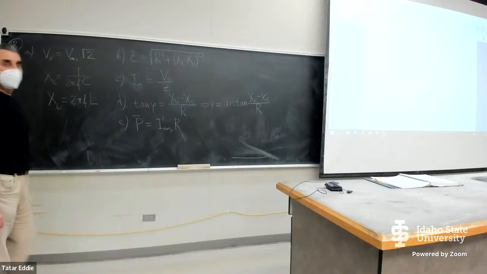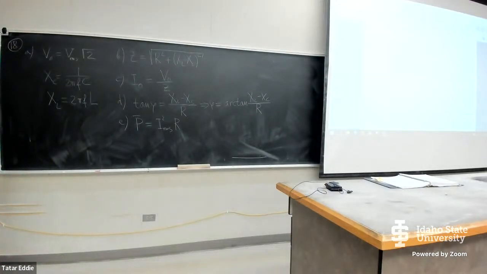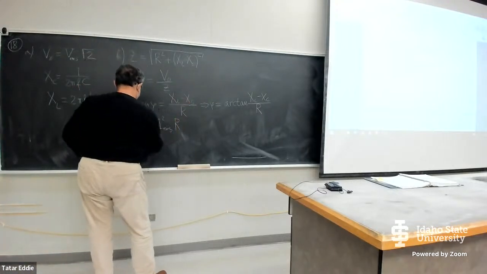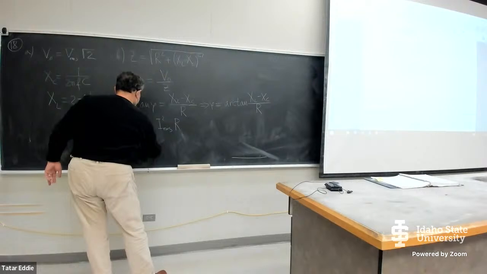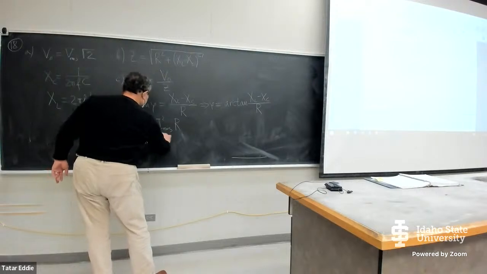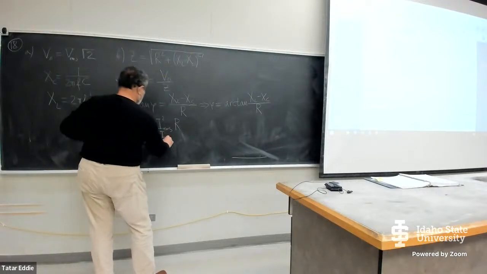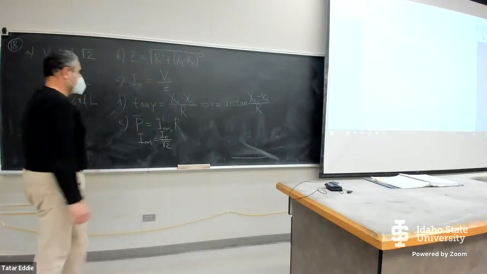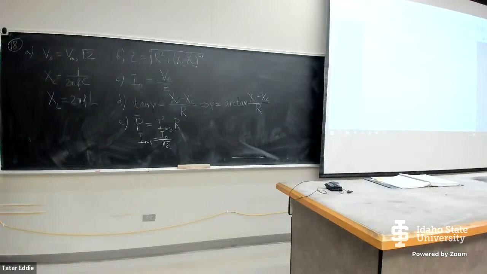So the current is known, right? You have the amplitude; the RMS value of the current is the amplitude that you have from part C divided by square root of 2. And any of the other formulas is also going to give you exactly the same result.